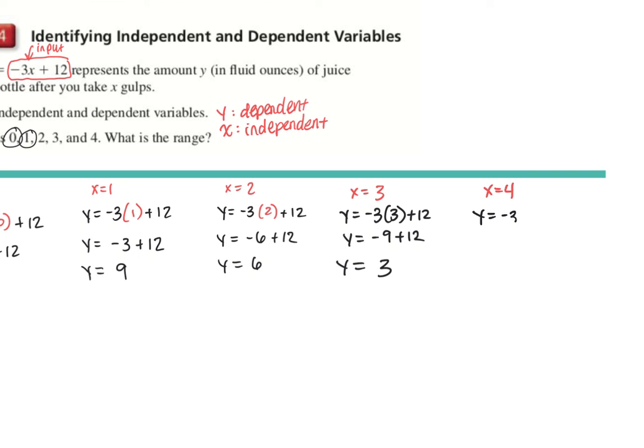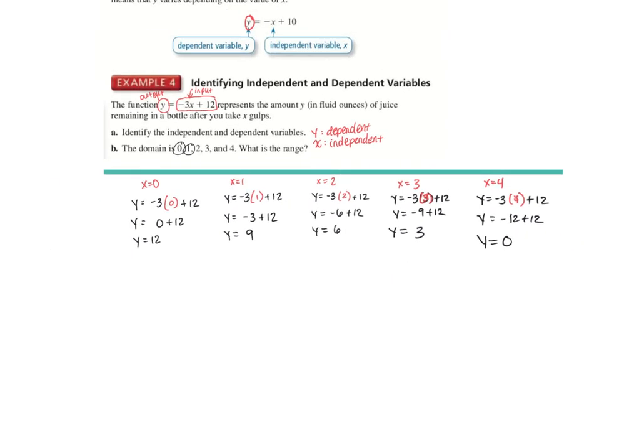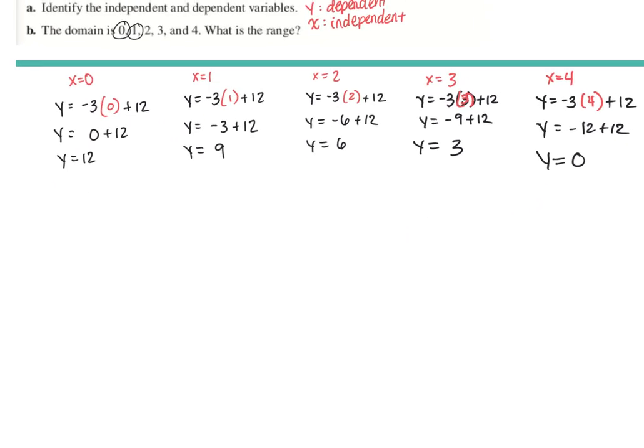Y equals negative 3, oops, I forgot to change this one. This should be a red 3 times 4 plus 12. Y equals negative 12 plus 12. Y equals 0.